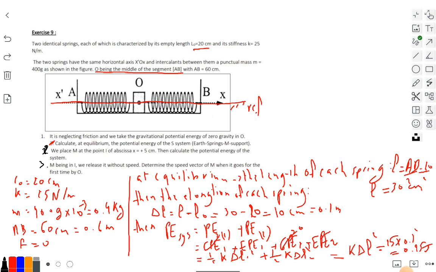First, the spring, it's O. Suppose that this is the empty length L0, and this is the empty length L0, and this is delta L, and here delta L. After we place M at the point I of abscissa x equal plus 5 centimeters, M is placed to the right by 5 centimeters.